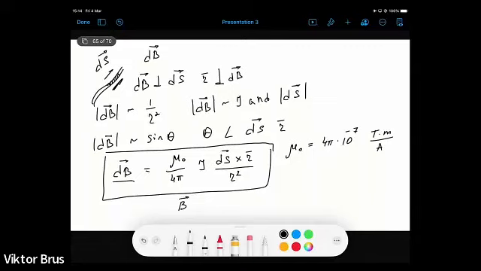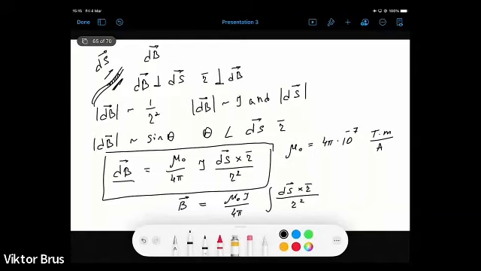So the magnetic field vector, the net vector formed by all small length elements of the conductor, will be equal to mu naught times I divided by 4 pi. These are constants, so we can take them out from the integral. So here we have the integral of the vector product ds vector times r unit vector divided by r squared.